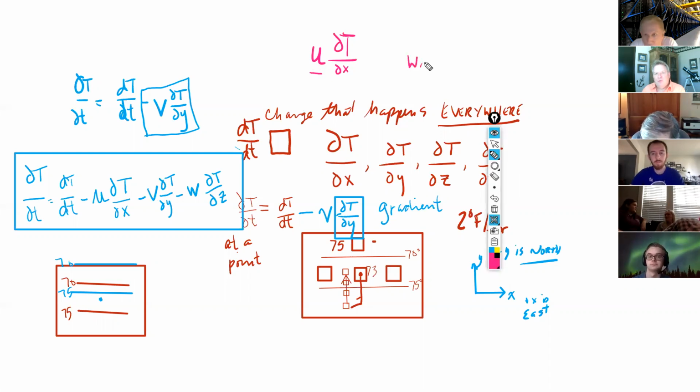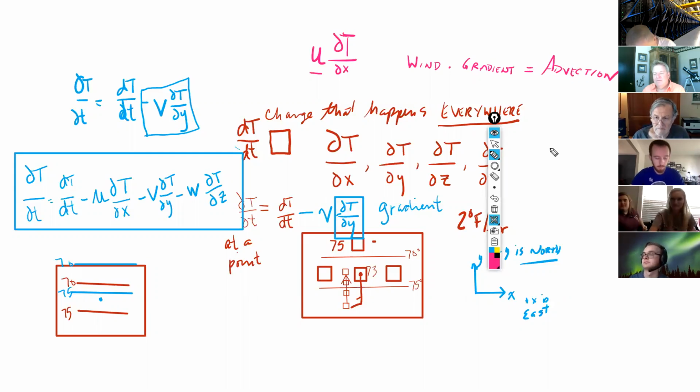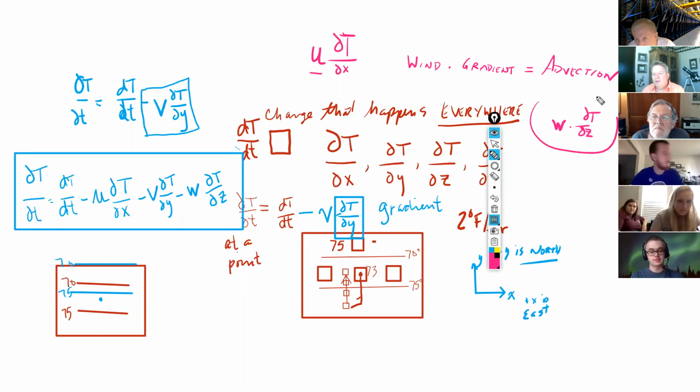Whenever you take the wind times the gradient, you know what that's called? Convection. You know what this is called? What's this called?